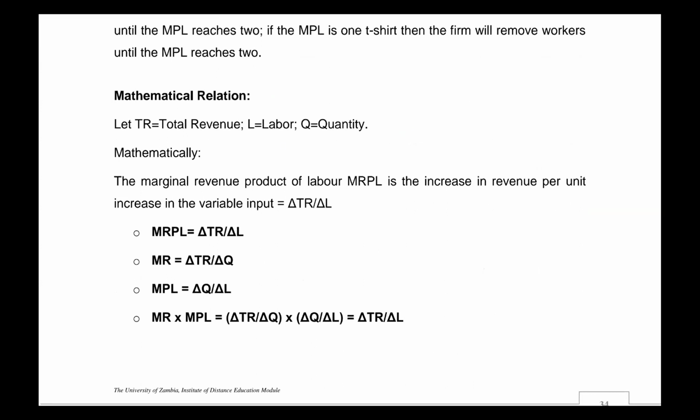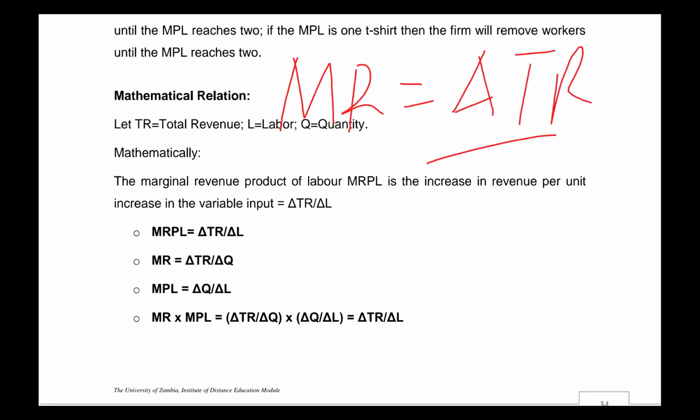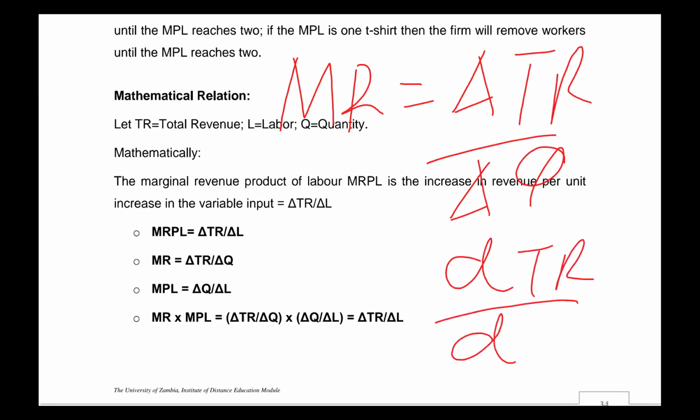Marginal revenue is found by taking the change in total revenue divided by the change in output, which is the same as the derivative of TR with respect to Q. That means we differentiate the total revenue function with respect to quantity, and that gives us the marginal revenue.